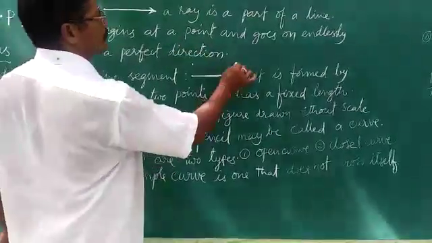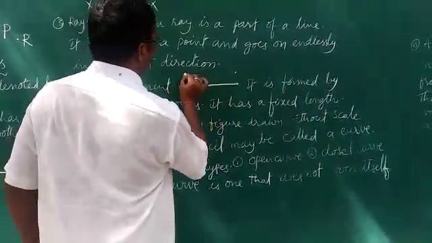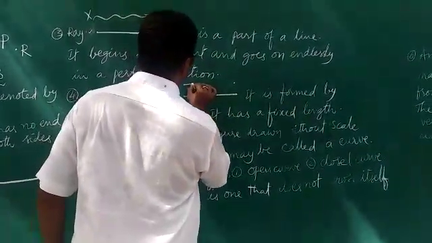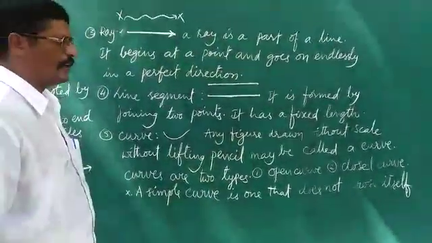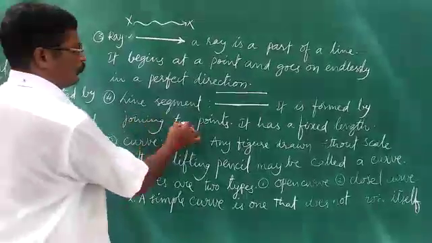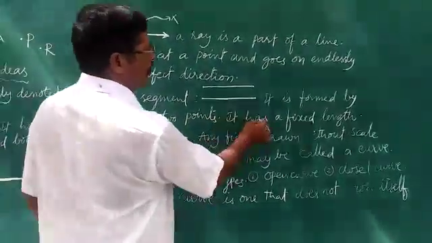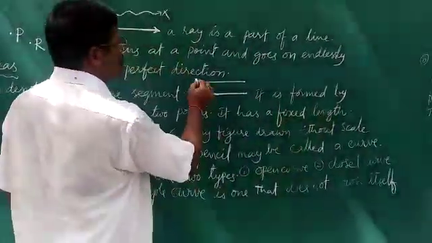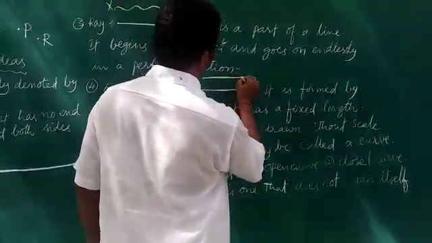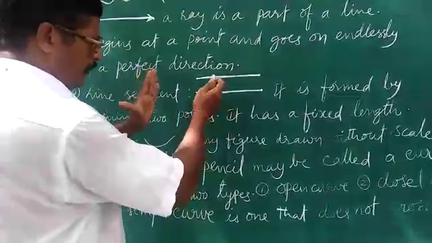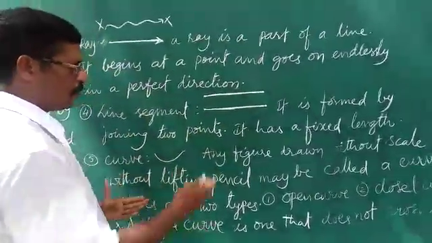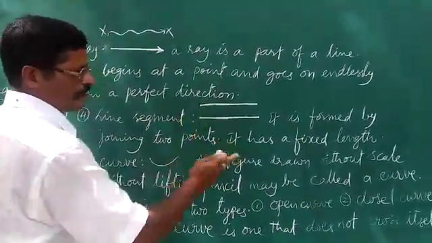Here is a point, here is a point. Join these two points. So this is a line segment. It has a fixed length, so you can measure the length of a line segment.